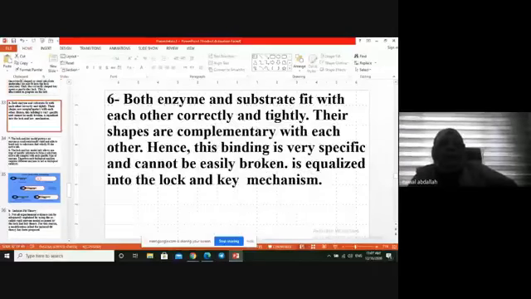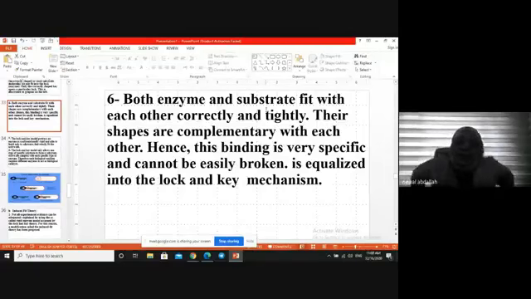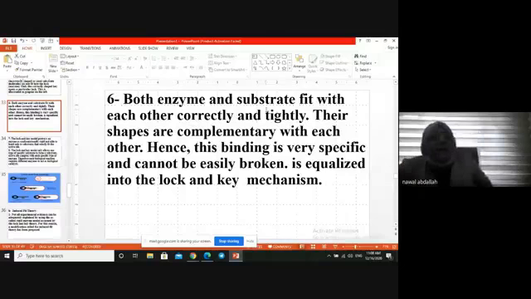Both enzyme and substrate fit with each other correctly and tightly. The reaction between the substrate and the enzyme in this theory involves very tight bonding, or linkages.